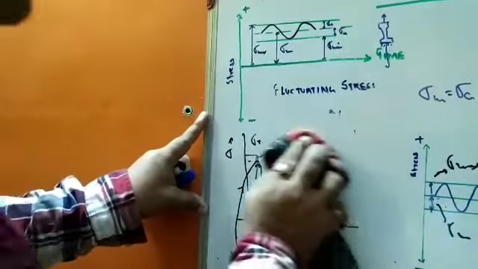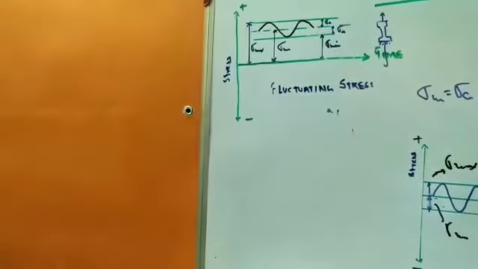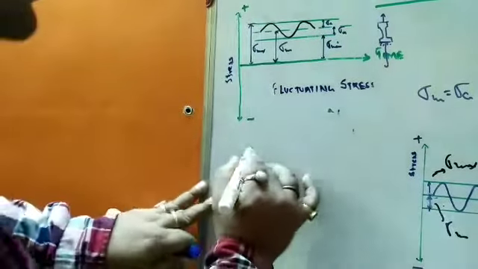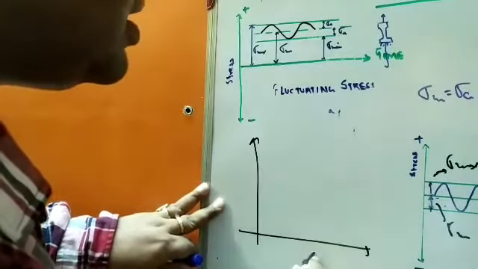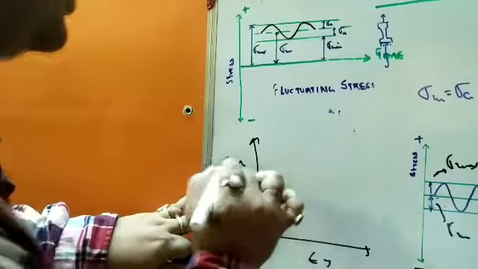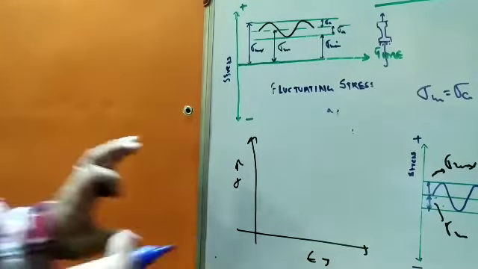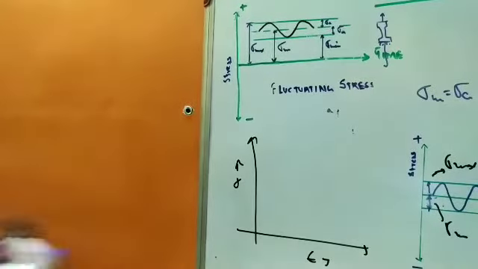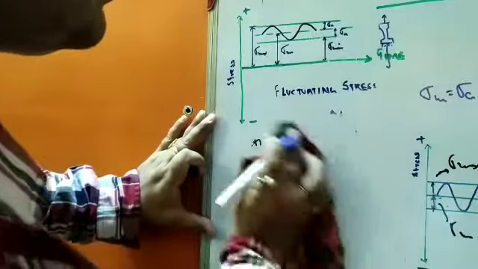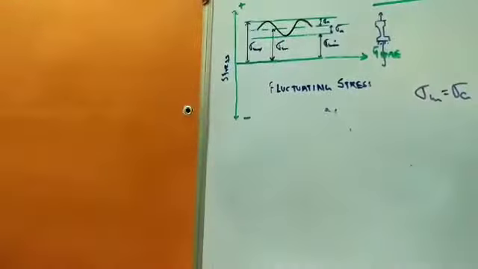If you are going for a cyclic load, this is the stress axis and this is the strain axis. Now if you are going like this, I have to take some more area over here.